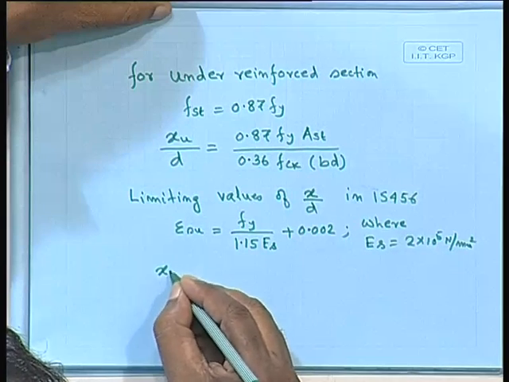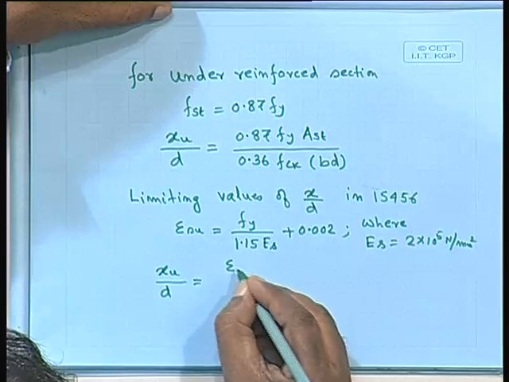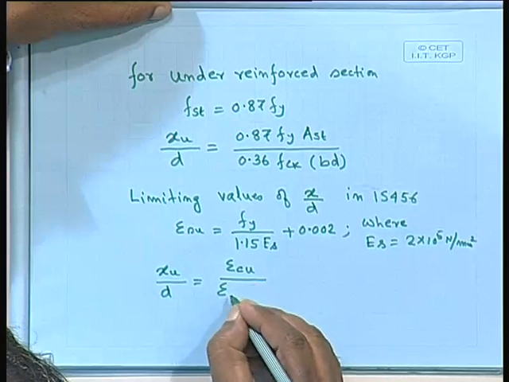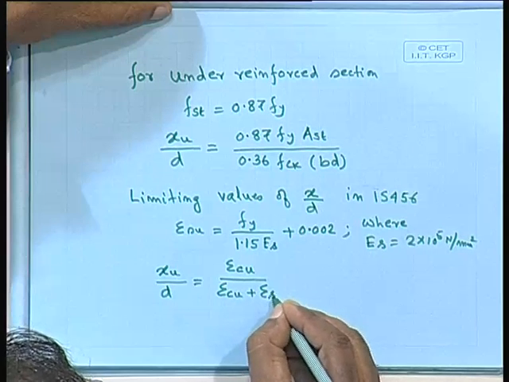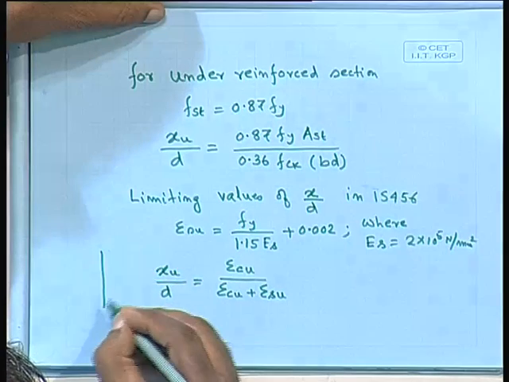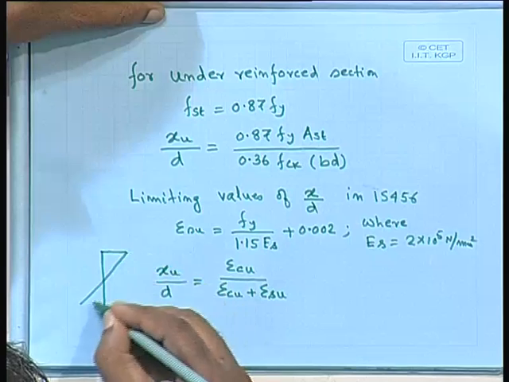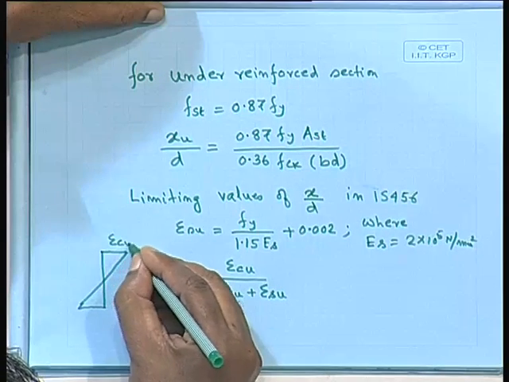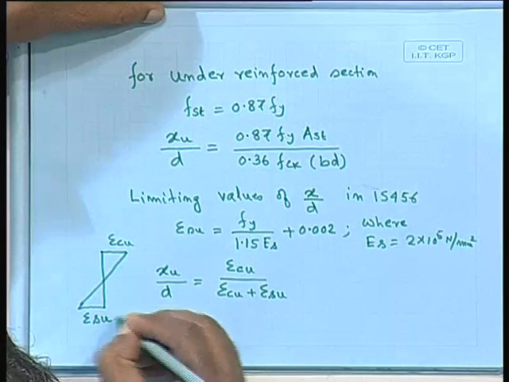XU by D equal to epsilon Cu divided by epsilon Cu plus epsilon Su. Where from I am getting? I am getting from the strain diagram. This is epsilon Cu and this one epsilon Su.